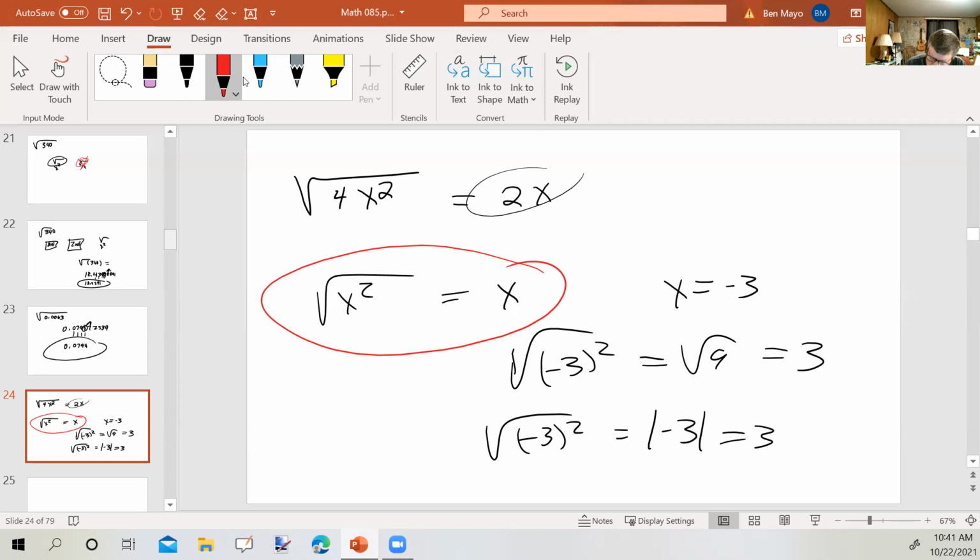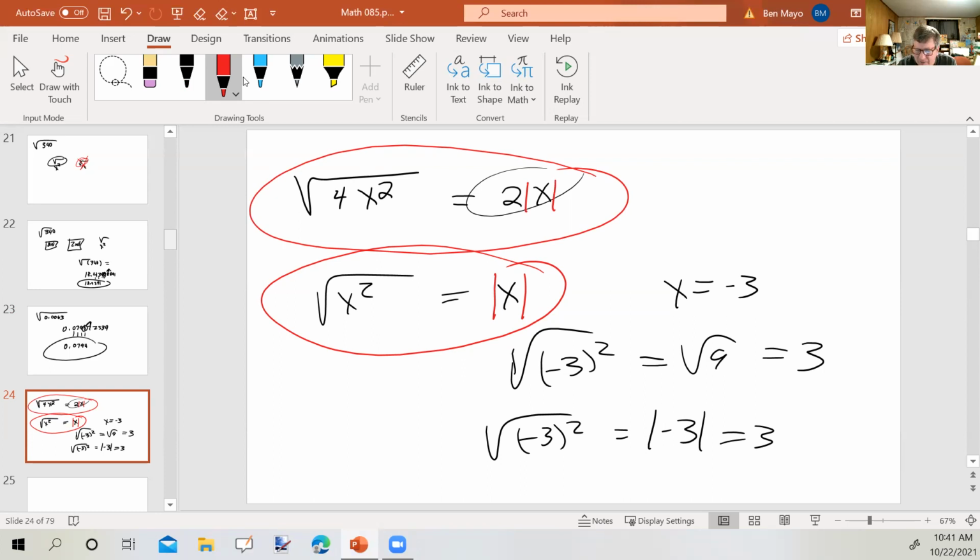Since x could be any real number back in that original case, I need to put absolute value bars on the x so that it doesn't end up being a negative answer. So let's go back to this problem. Same thing here. I need to put absolute value bars around the x so that the 2x isn't the answer. 2 times the absolute value of x is the answer.